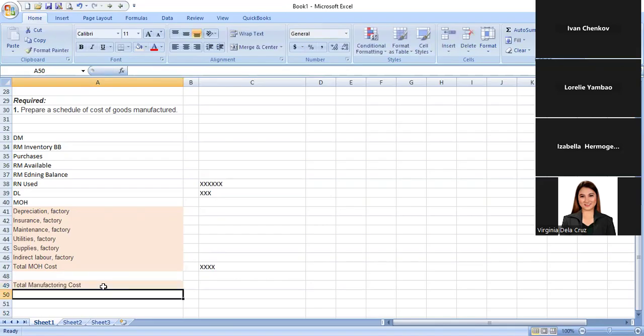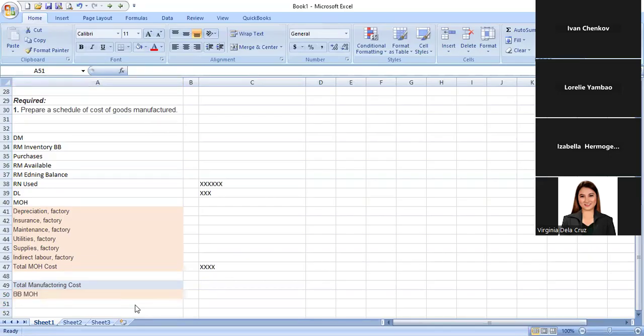Now, to convert that total manufacturing cost into the cost of goods manufactured, what we have to do is add the beginning balance of work in process, and that will give us the total available to transfer. You don't even have to put the name here.